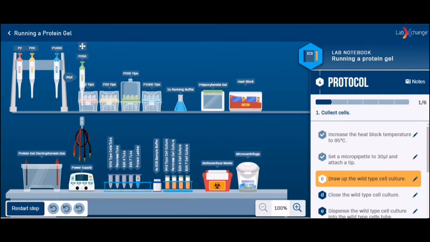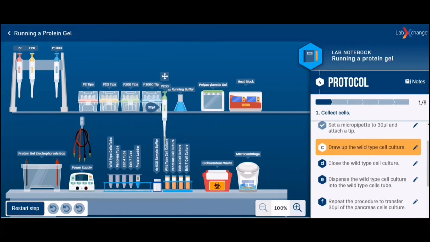After that, we will draw up the wild type cell culture. First, we attach a tip, and then we will draw up the wild type cell culture.